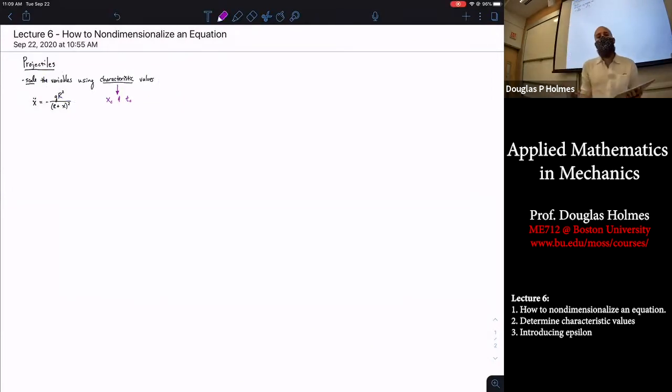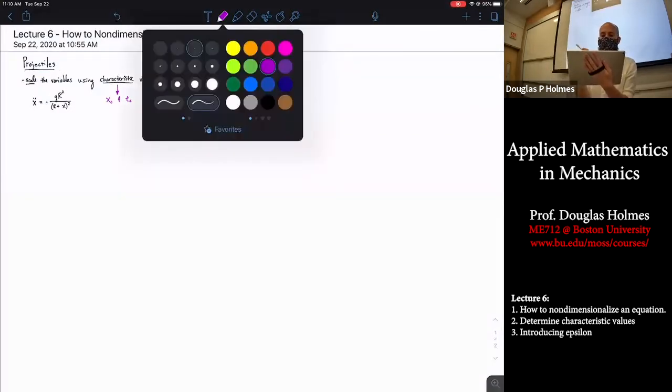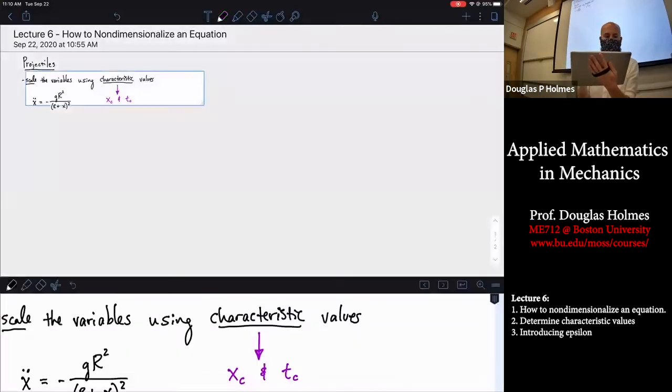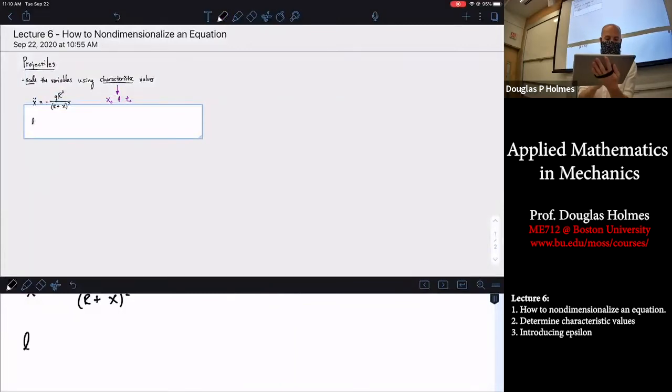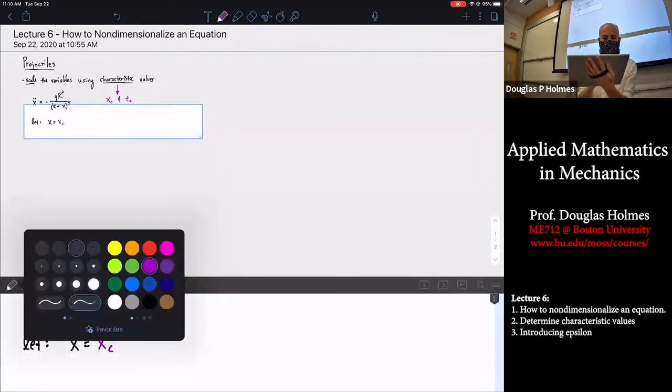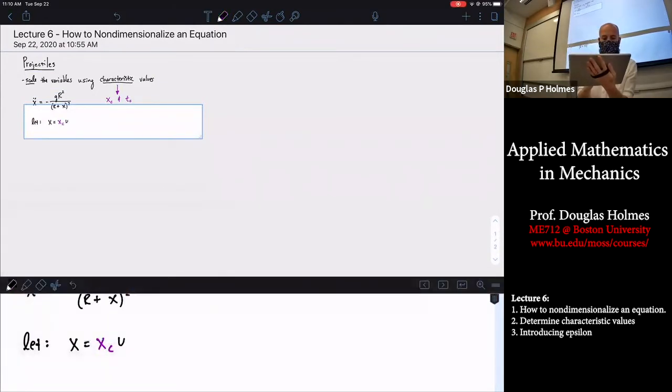Okay, and the way this works is we're going to substitute and create new variables for x and t using these characteristic values. So what does that mean? That means I'd like to let x be equal to xc times a new variable u.